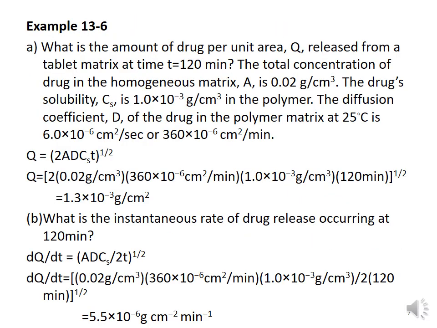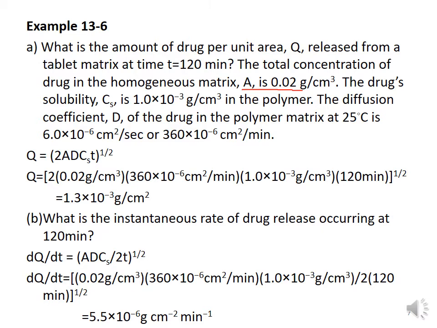This is an example of the application of Higuchi's model. Example 13.6. What is the amount of drug per unit area released from a tablet matrix at time equals 120 minutes? The total concentration of the drug in the homogeneous matrix A is given, which is 0.02 grams per ml.